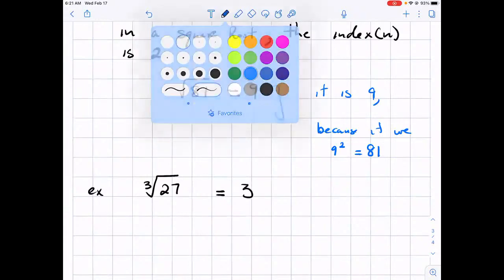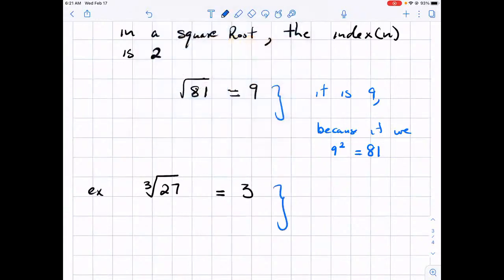And the rationale here is it is 3 because if we take 3 and we cube it, that is equal to 3 times 3 times 3, which is equal to 27. These numbers here must always be multiplied by themselves.